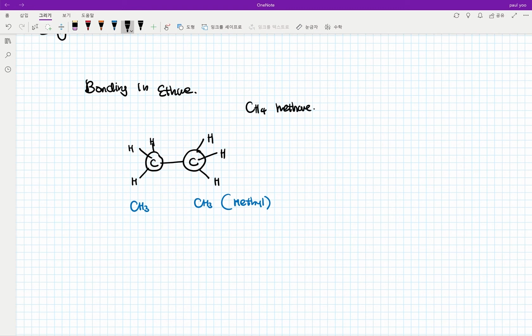So when CH3 is there as a subgroup, we call them methyl. So ethane, C2H6, is made up of 2 methyl groups, and they both have sp3 hybridized carbons attached.